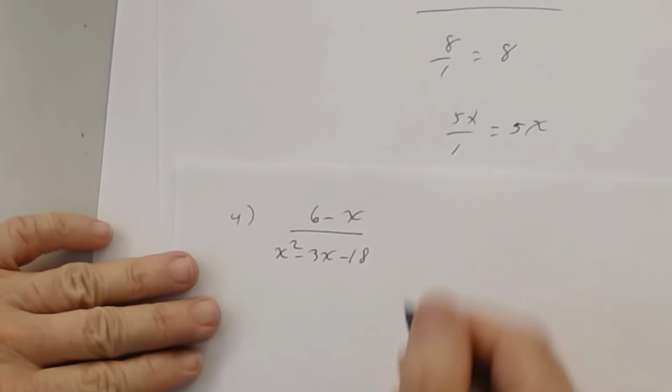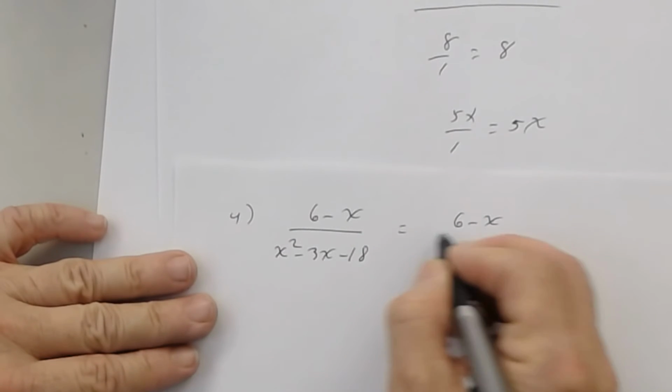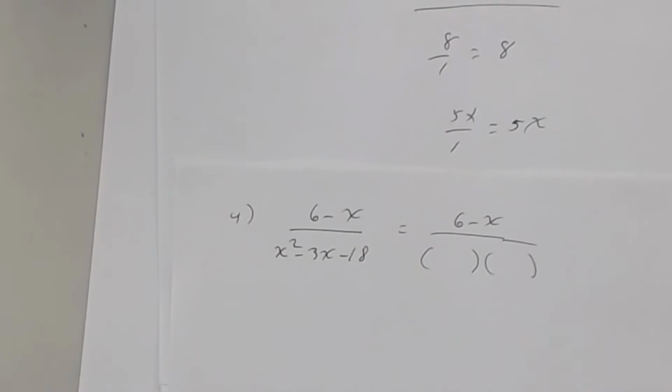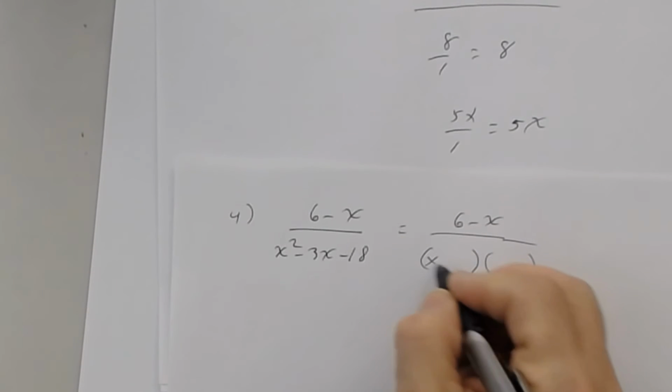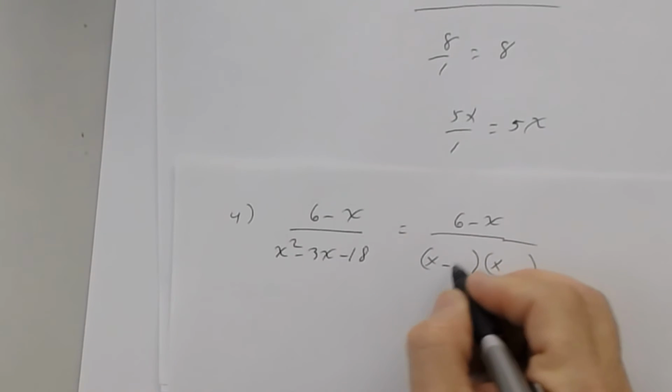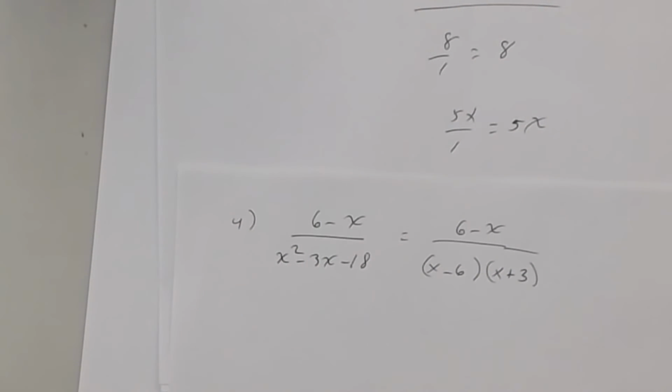The denominator. So I'm going to leave the numerator alone and factor the denominator. GCF is 1, so I'm going to go directly to the two binomials. And that's an easy one to factor. So you're going to say x, and it'll be 6 and 3, I think. (x minus 6)(x plus 3).